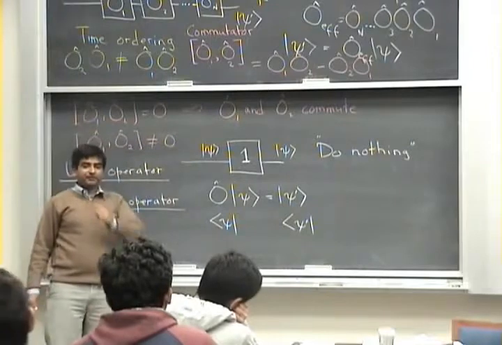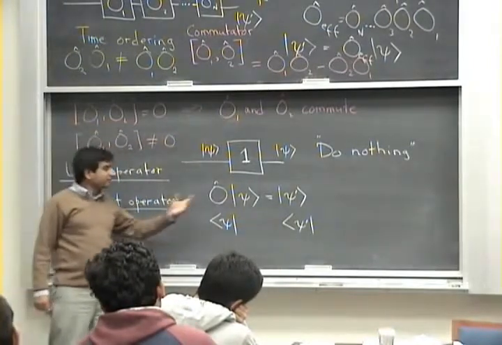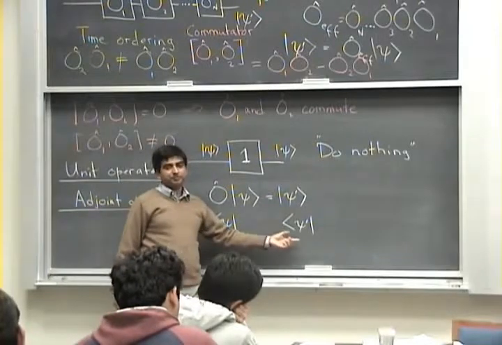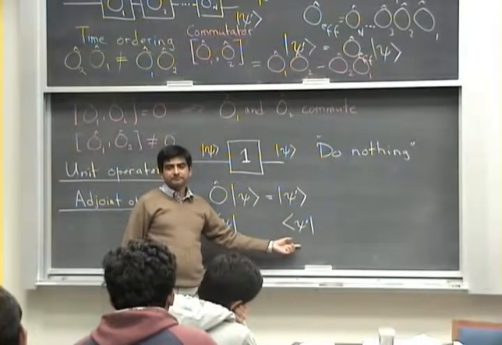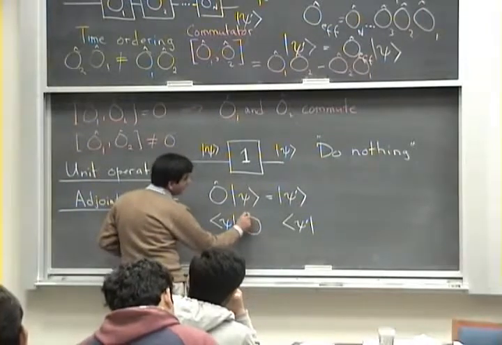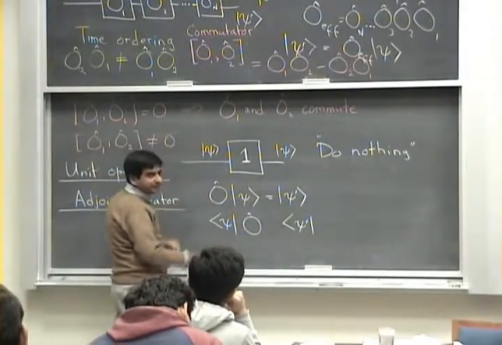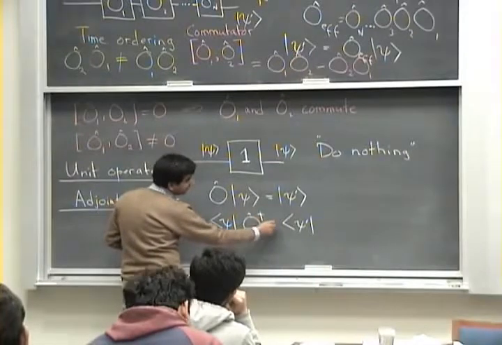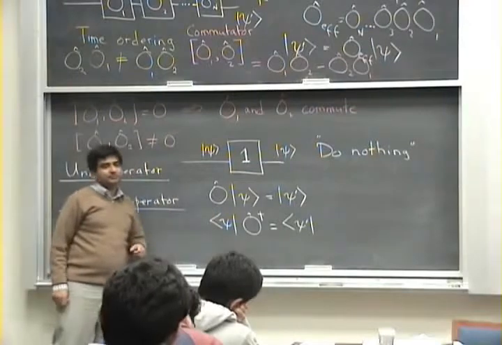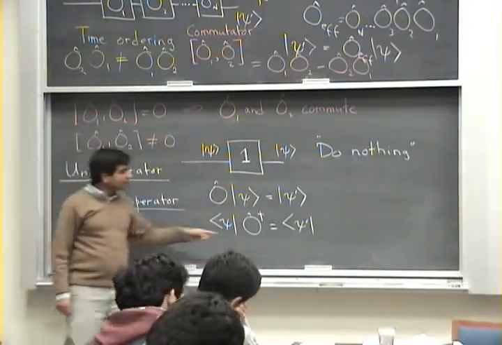So in the dual space, there must be an operator that takes bra psi to bra psi dash. The dual of this operator is denoted by the same symbol with a dagger sign. Dagger. Okay? So this is called O dagger.